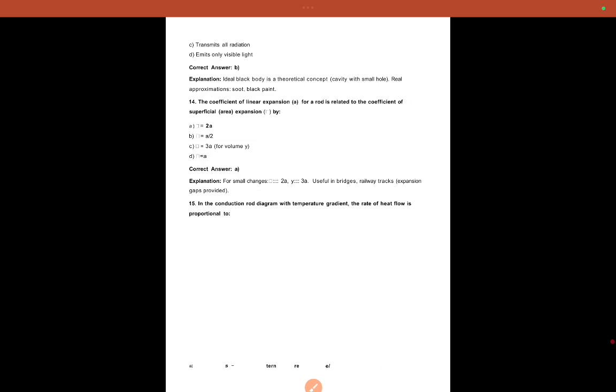An ideal black body is a theoretical concept, not practical. We cannot prove it in a practical manner. How much is absorbed, the same amount is emitted.